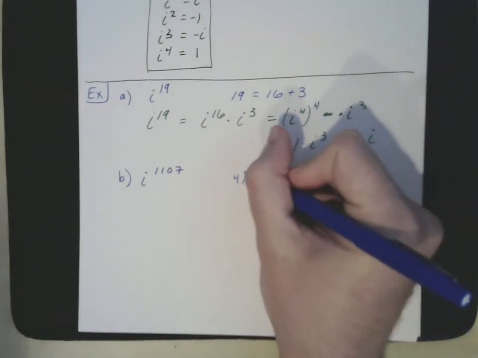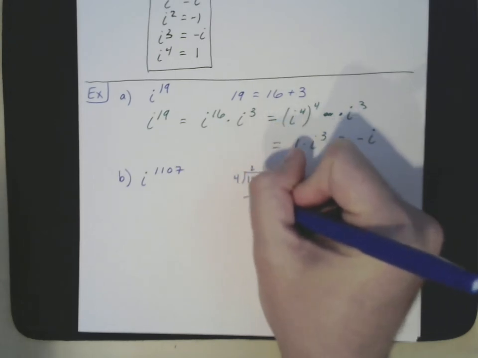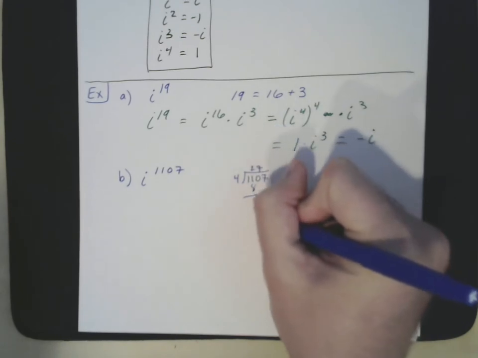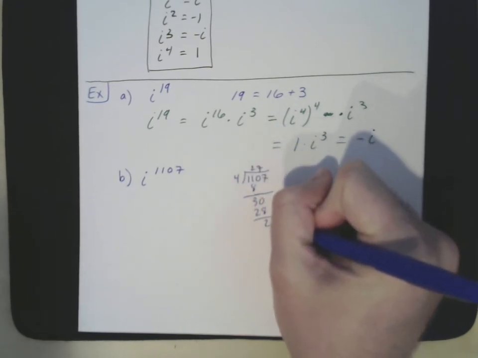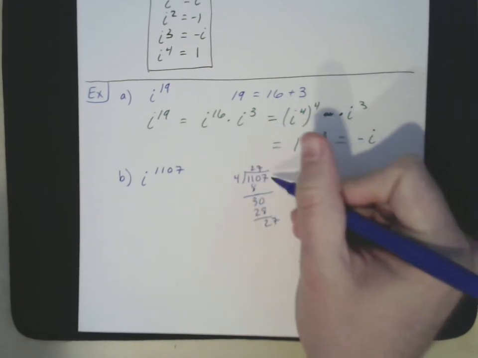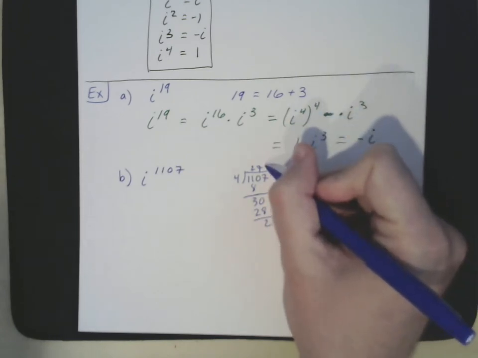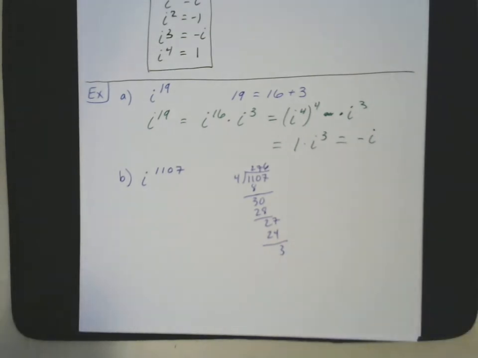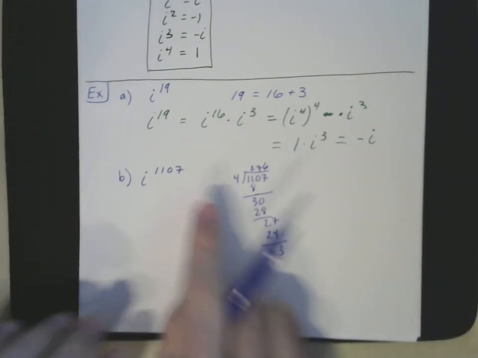So 4 goes into 11 twice. 3, bring down the 0. 7 times, 28, bring down the 2. Bring down the 7. 4 goes into 27 6 times. It's 24 with a remainder of 3.